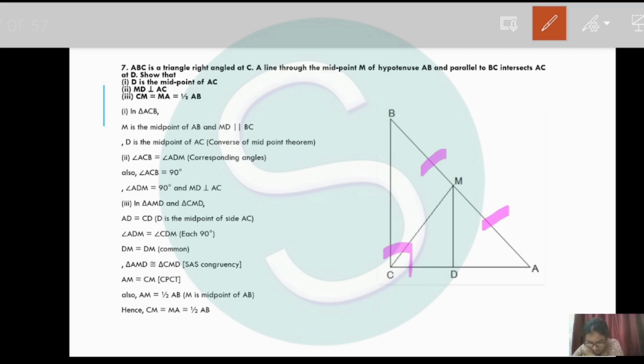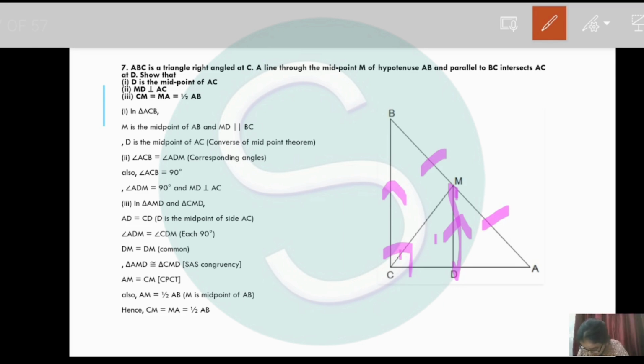So what is given in this question is that M is a midpoint, angle C is 90 degrees, and also it is given that MD is parallel to BC. So if MD is parallel to BC then corresponding angles are equal.